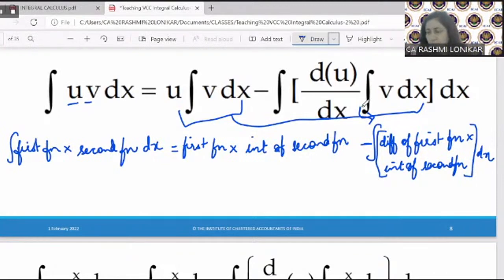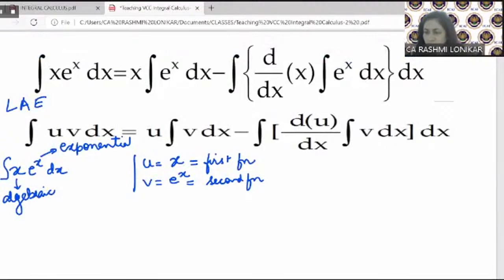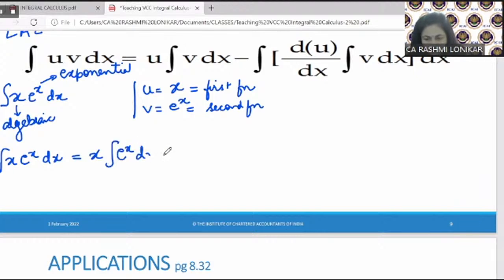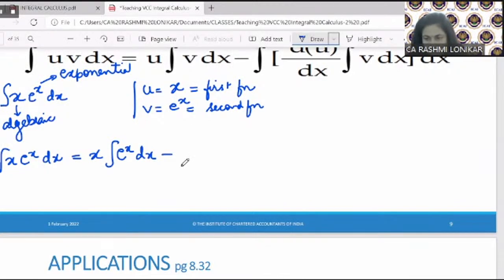So once you've understood the formula, let us try and do this. So in the given sum, we have found what is u, what is v. Okay, now let us substitute and see. It is saying that integration of x e raised to x dx is equal to first function is x, into integration of second function, minus integration of first derivative of first function d by dx of x into integration of second function.